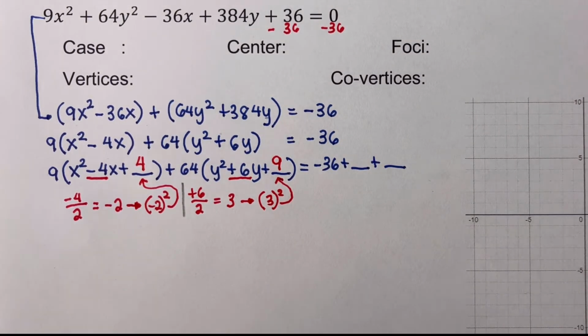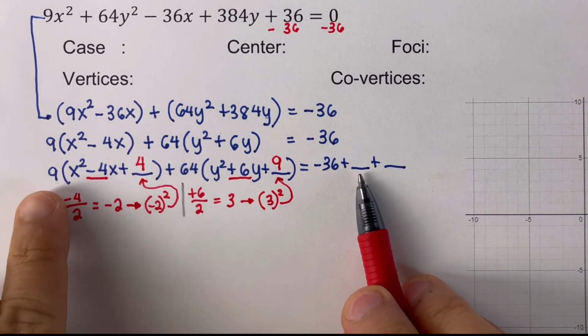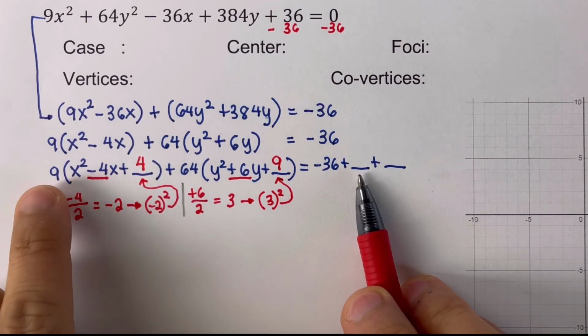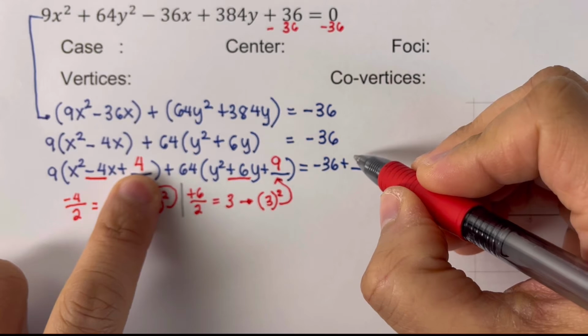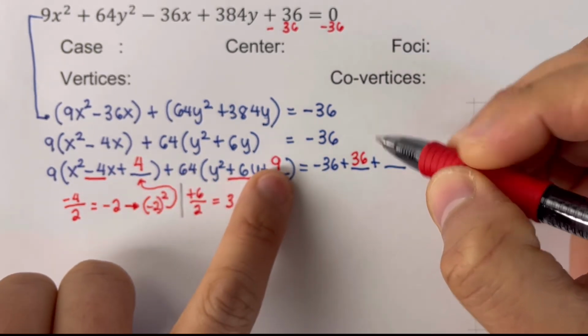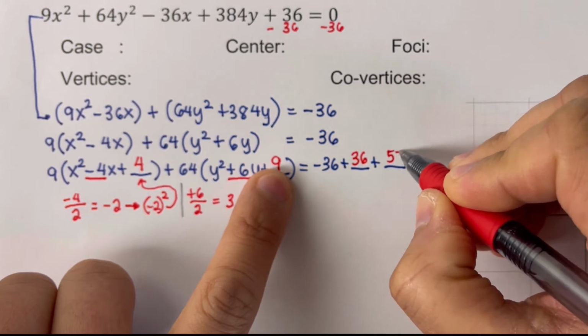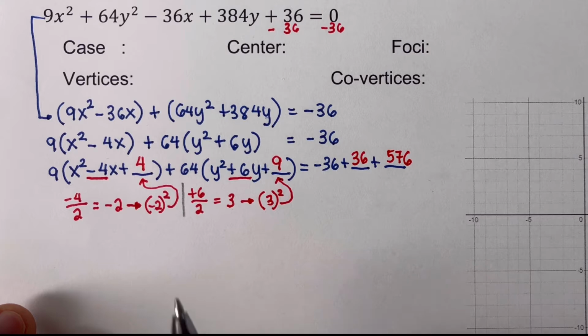And so I will also have to add the 2 numbers to the right side. Since this is 9 quantity 4, that would be 9 times 4 is 36. And we also have 64 times 9, which is 576.